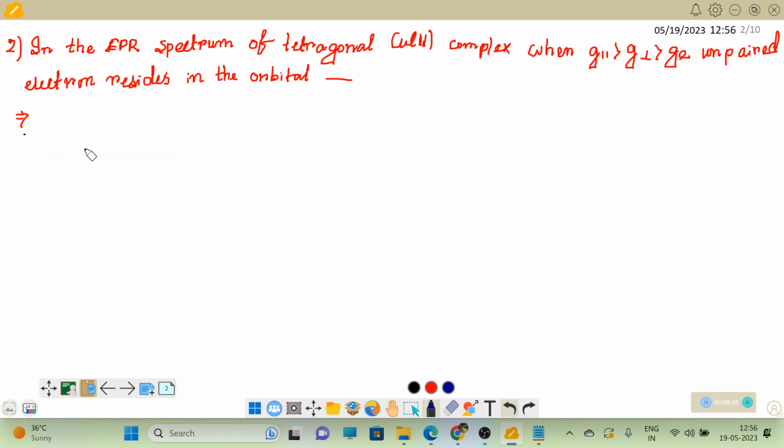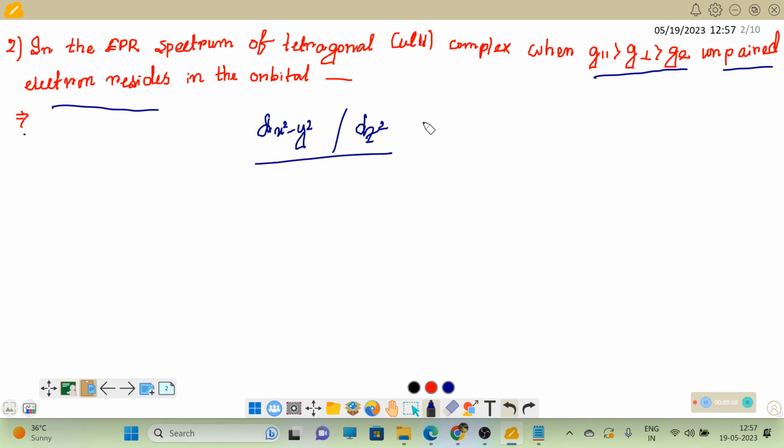Coming to the next question, the EPR spectrum of the tetragonal Cu2 complex is given, and they are asking in which orbital the unpaired electron resides. There are two possible orbitals, dx square minus y square or dz square.